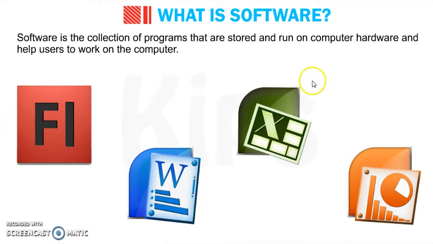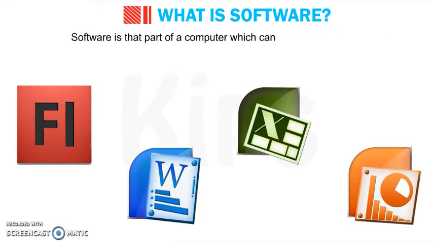You can see different softwares on the screen: Word, Excel, PowerPoint. These are all softwares, and we can do different things with them. Some softwares are made for presentation, some for typing, some for calculations.